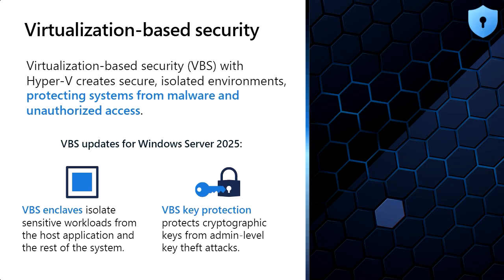That's because the king and queen are in the hunting lodge miles away, safe and sound. That's how an enclave would work. And then with your VBS key protection, again, you're protecting those cryptographic keys. You're making sure that they're securely managed, they're securely stored, and that way nothing can access them. So even if they can somehow get to the vault, the lock and combination are safe and sound.